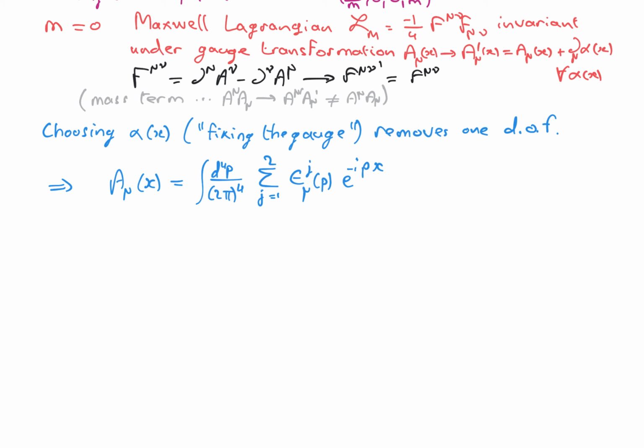The first thing we will do is to absorb the sum into epsilon in order to simplify the notation. As in the massive case, we use the fact that our classical field obeys the Klein-Gordon equation, here with m equals 0, as well as the Lorentz condition.